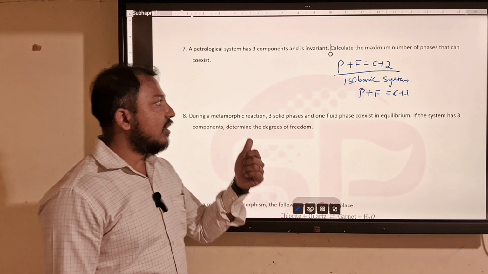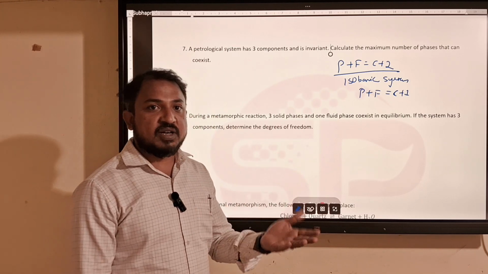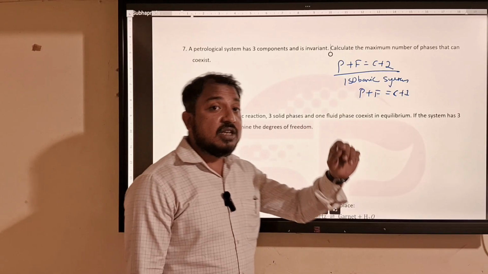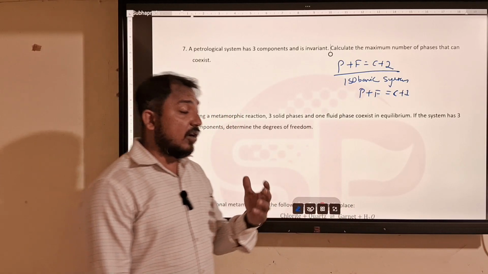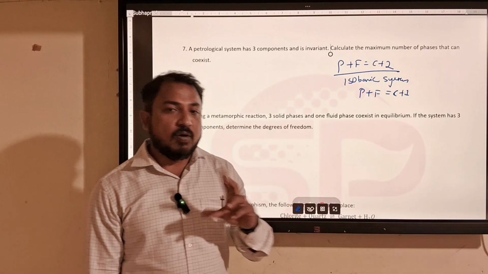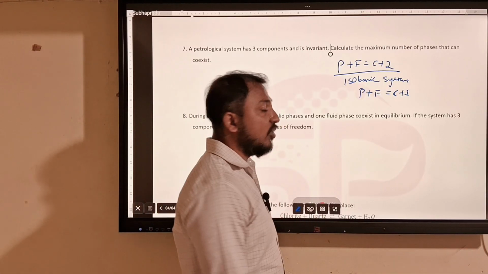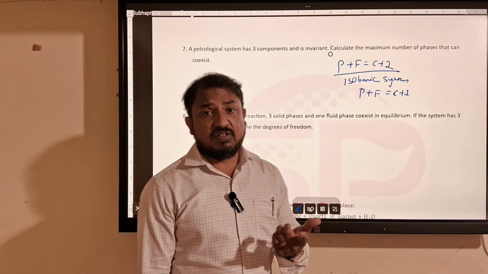P is the phase, that means the number of physically separable units in a system. C is the number of components, that means the number of chemical species, or we can say the minimum number of chemical species required to define all the phases in the system. Then 2 is the physical variables. Then F is the degree of freedom.